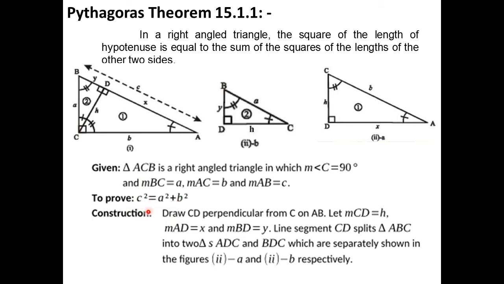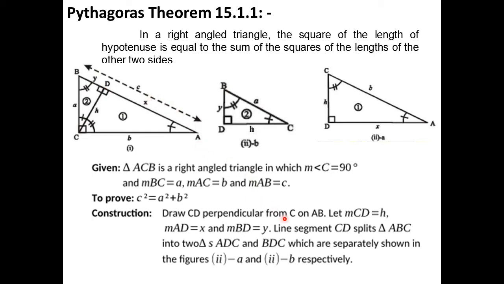Come to the construction now. Draw CD perpendicular from C on AB. This is the point C. From this C we will draw this CD perpendicular on AB, and let CD be equal to h, AD equal to x, and BD equal to y. We represent CD by h, BD by small y, and AD by small x.